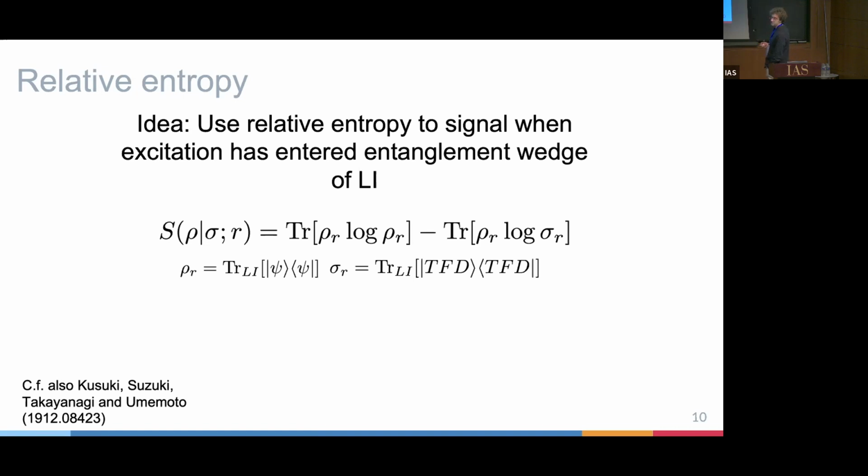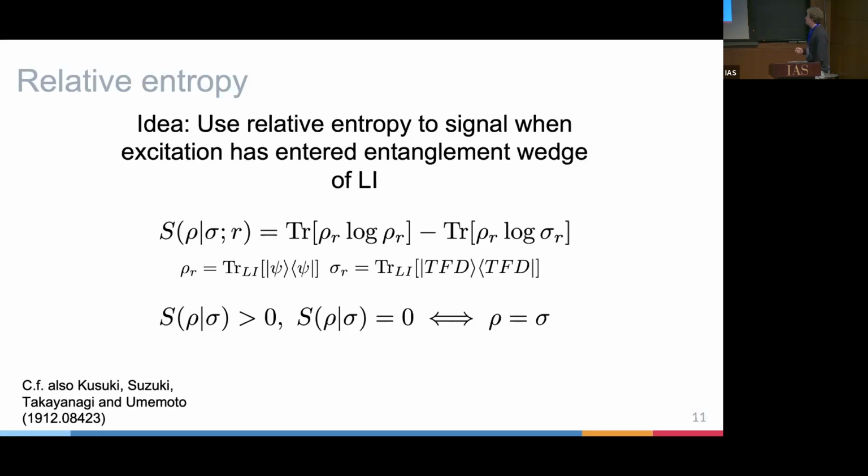So for some subregion, say the little r region, the relative entropy is the difference of minus the von Neumann entropy plus this expectation value of this modular Hamiltonian in the rho state. Here, rho I'm imagining is my excited state that I talked about earlier. It's the state with the particle. And sigma is the thermofield double. These are the density matrices reduced to the little r region.